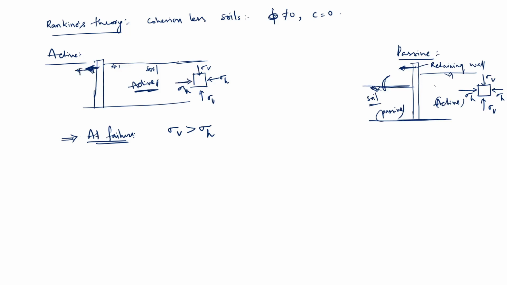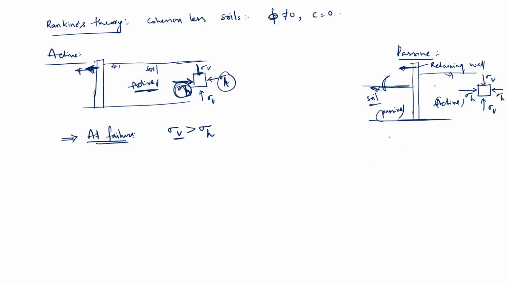Because of that, the at-rest sigma H gets released, it will be relieved and slowly decreases. So at failure, the final sigma H value will be less than sigma V.